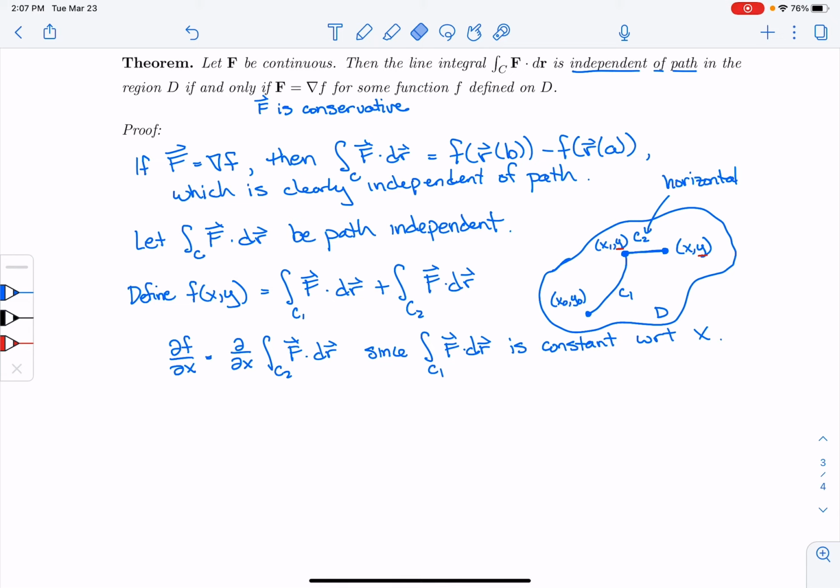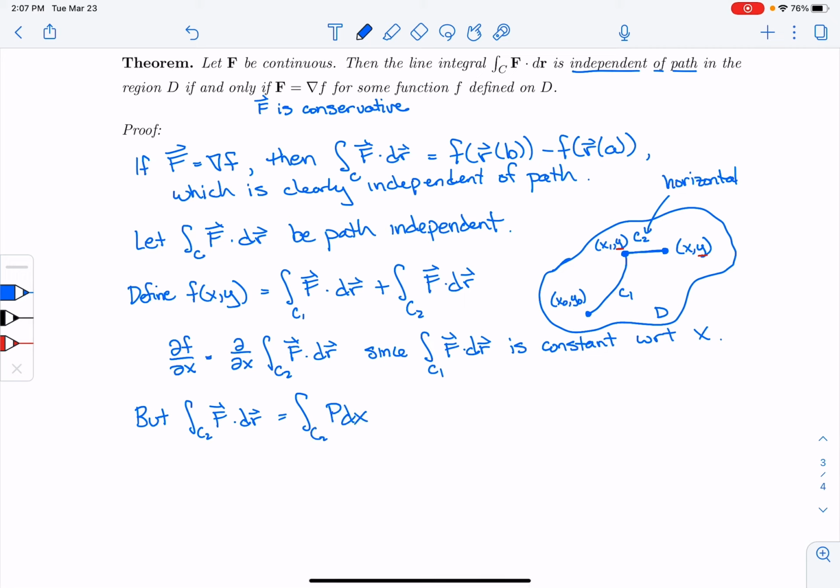Okay, but let's notice something here. The integral over C2 of F dot dr we can write as just the integral over C2 of P dx.